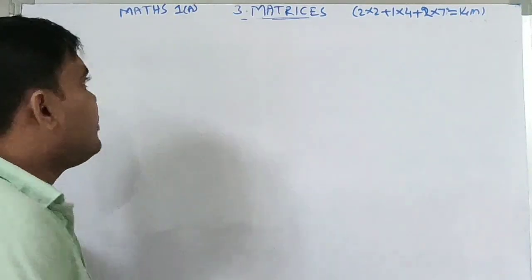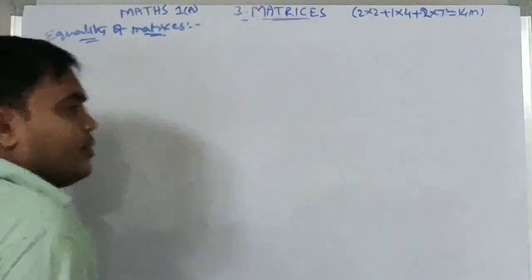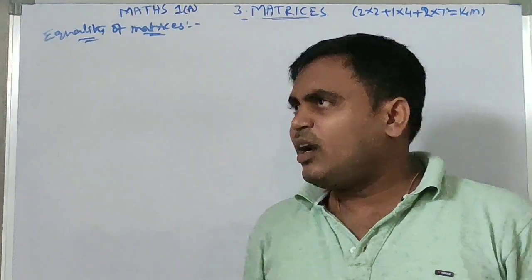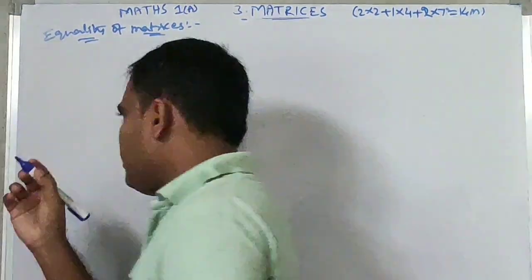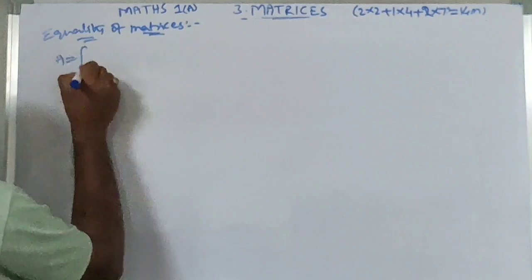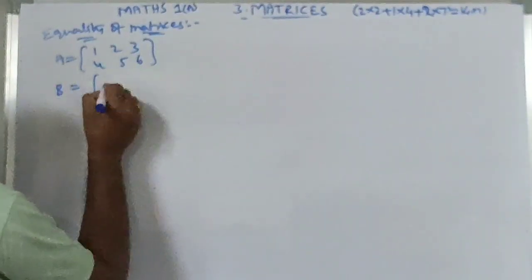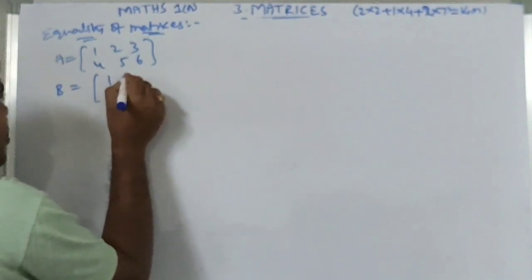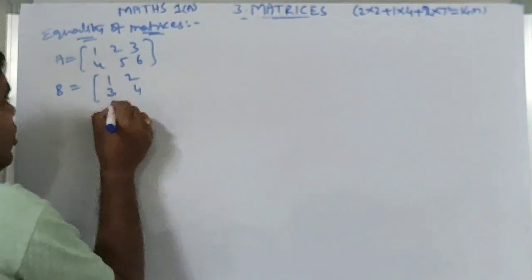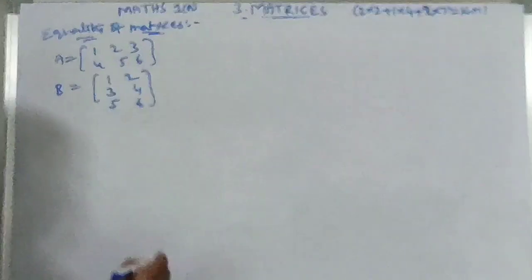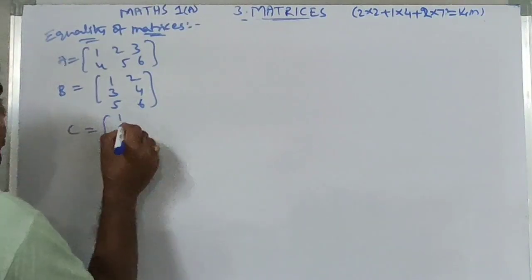Equality of matrices. I want to compare three matrices: A is 1 2 3 4 5 6, B is 1 2 3 4 5 6, and C is 1 2 3 4 5 6.